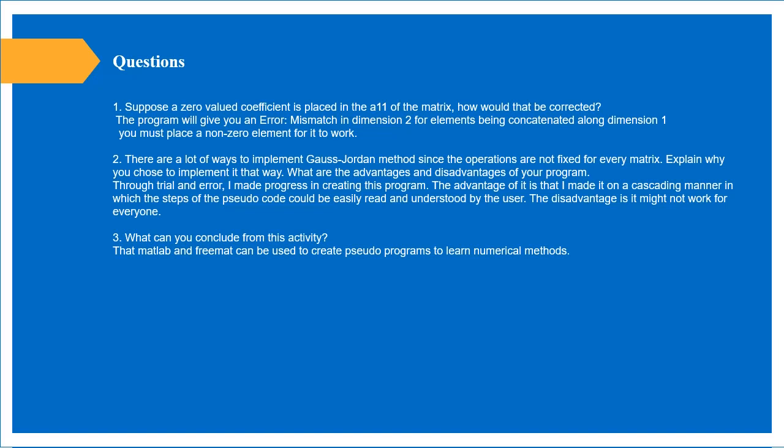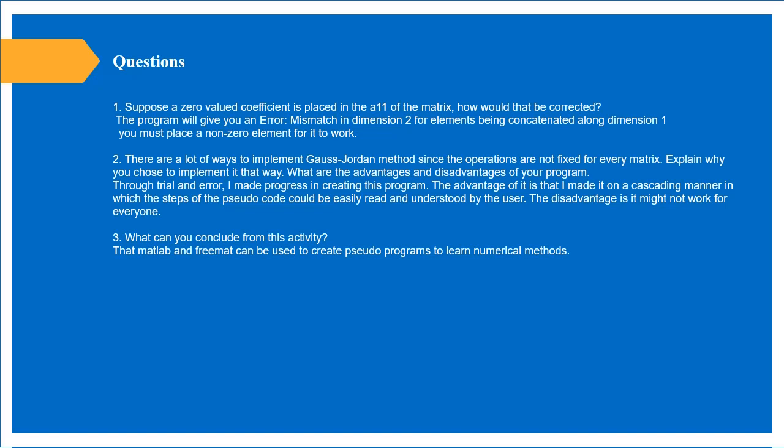Question 2. There are a lot of ways to implement the Gauss Jordan method, since the operations are not fixed for every matrix. Explain why you chose to implement it that way. What are the advantages and disadvantages of your program? So again, this is the first time that I've been using Freemat, and I based the program on the pseudocode that was given in the book, and through trial and error I made progress in creating this program.